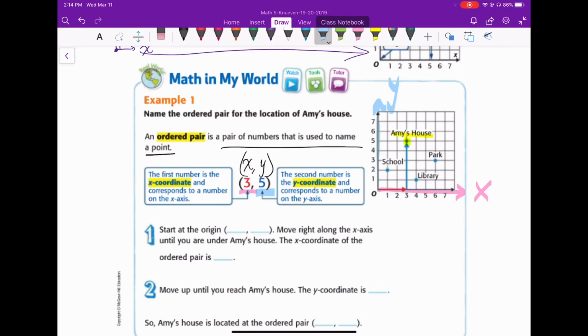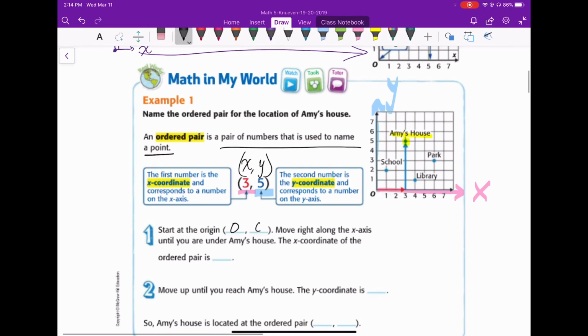So we're going to start at the origin because that's where we originate from. So 0, 0. So the origin is at 0 on the x and 0 on the y. And we're going to move along the x-axis until we get underneath Amy's house. So we are going 1, 2, 3 steps, and we then are at 3. So the x-coordinate is 3.